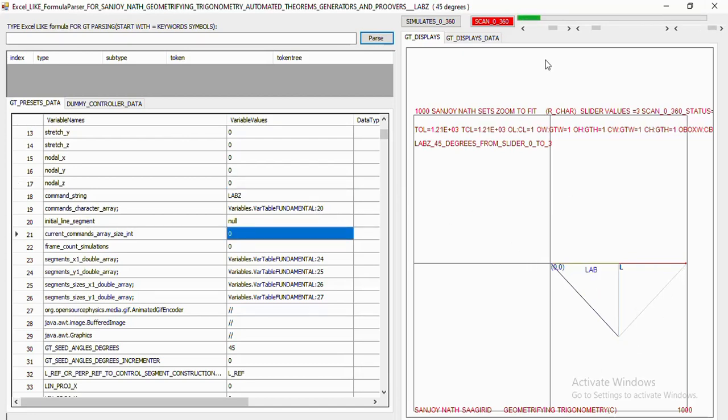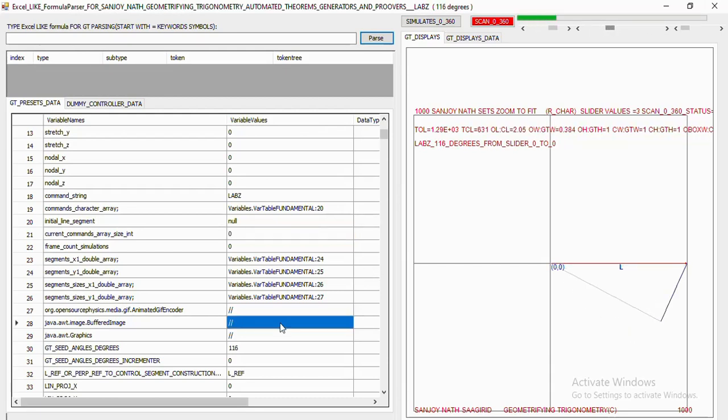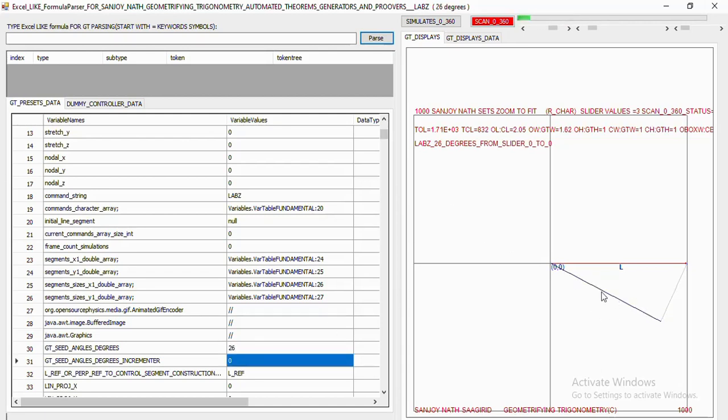So we can think that for different values of theta, this one is the LAB line segment, and if we get the construction sequence, then this one is the L, and for different values of theta, suppose this one is the theta, I can change it from here also, say 26 degrees, then this one is the base, that is the LA, and this one is the LAB.